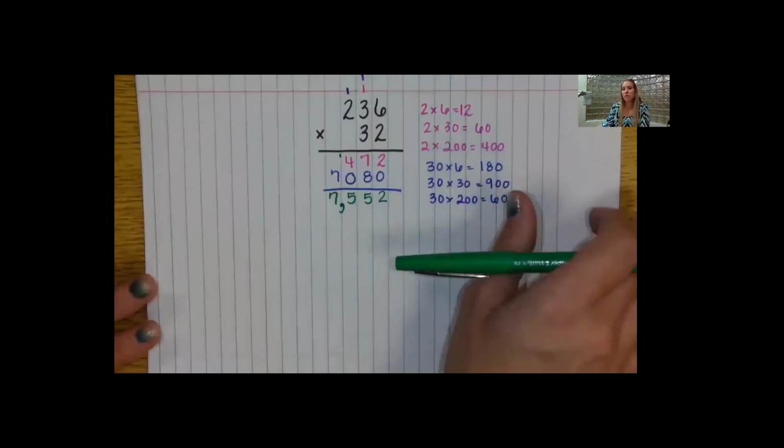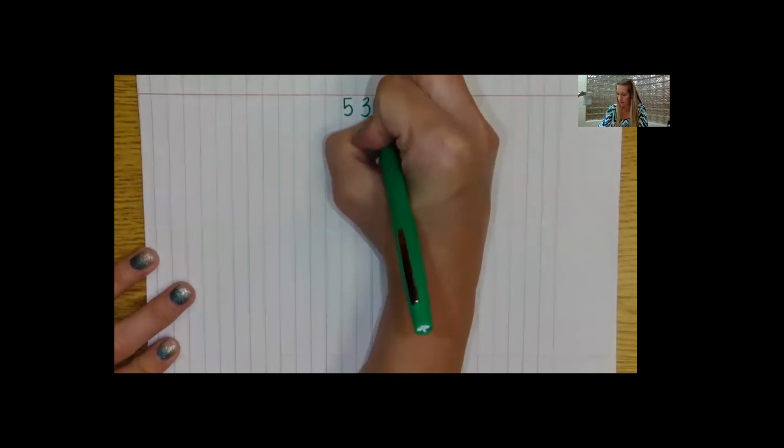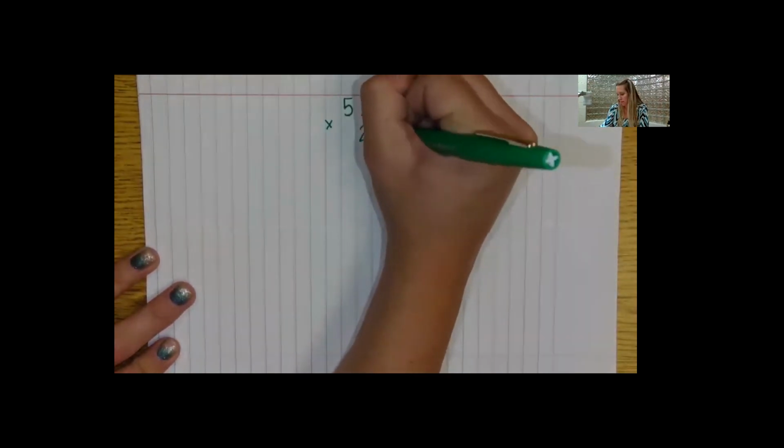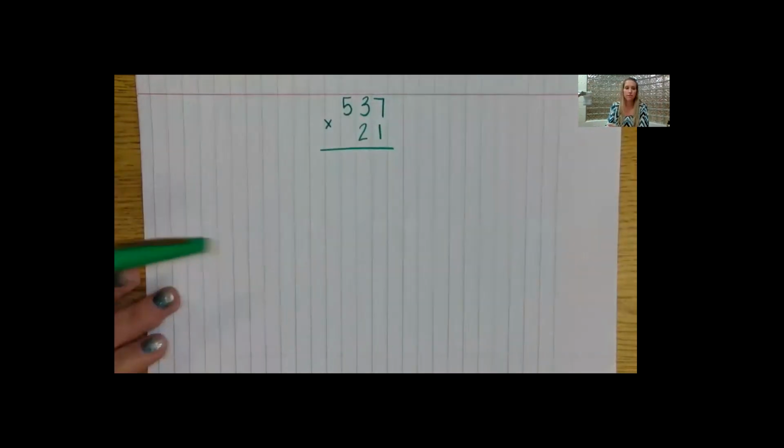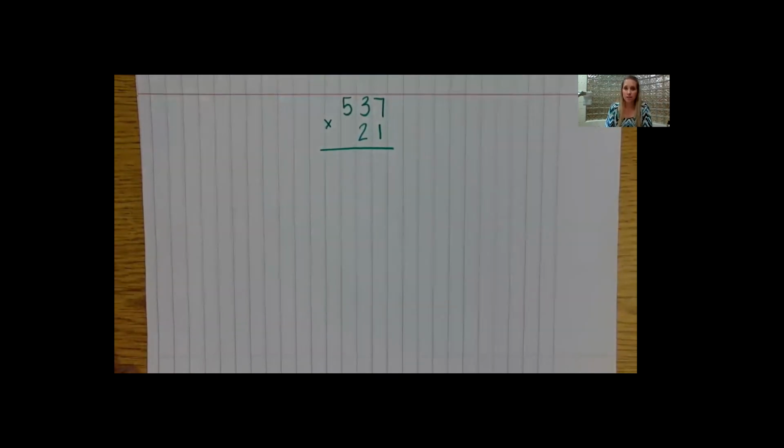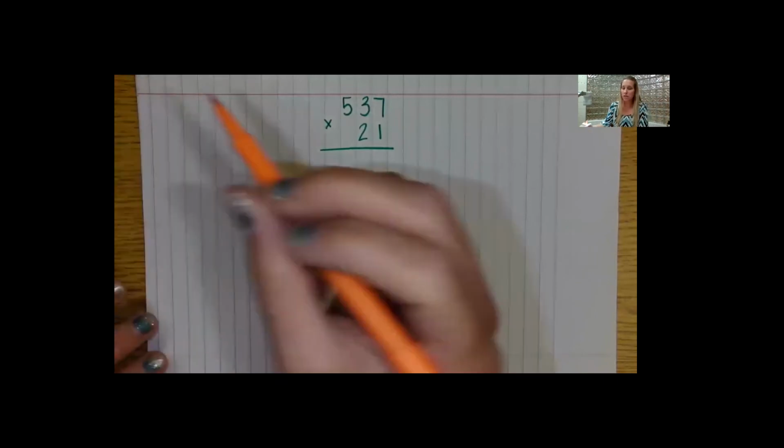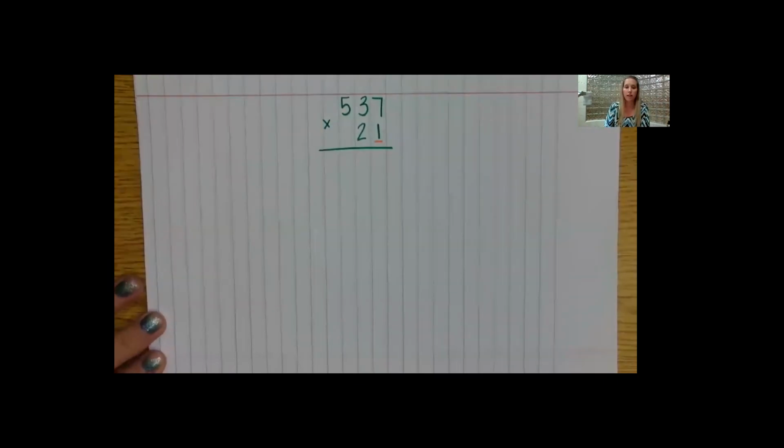Let's continue practicing that multiplication. Listen to the problem and follow along. Work the problem as I do. 537 times 21. Where do we start? You're really getting the hang of this. You're right. We start in the ones place of 21.